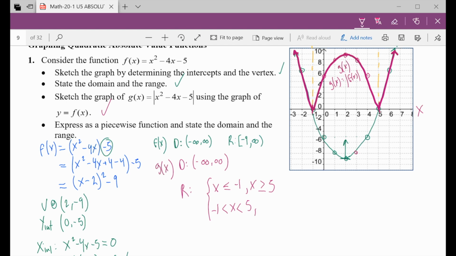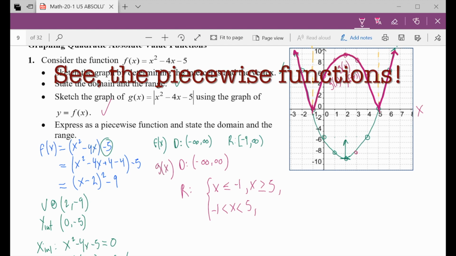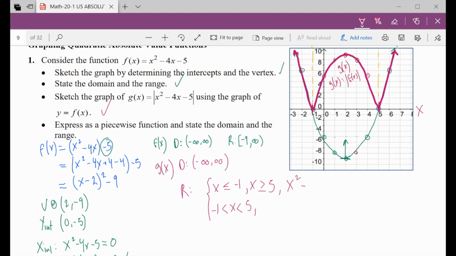For the part of the graph that is for x less than or equal to -1 and greater than or equal to 5, the function remains unchanged. So it's simply x squared minus 4x minus 5. That defines the line of the former parabola for x values less than -1 and for x values greater than 5.